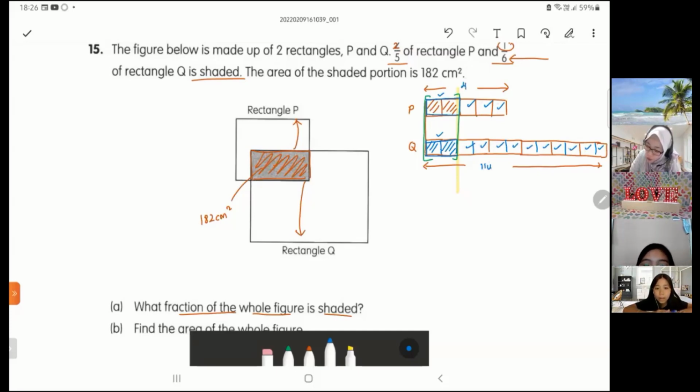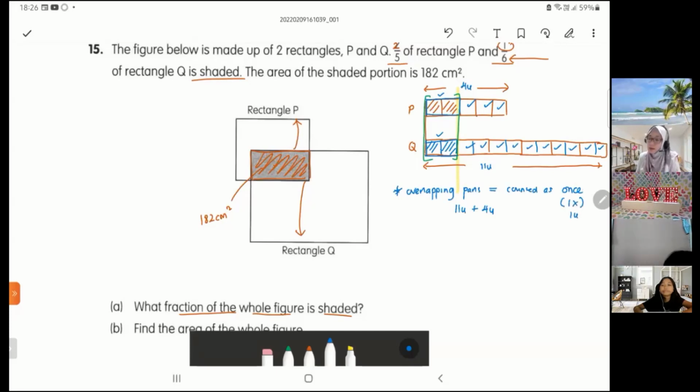This is 4. Total parts will be 11 units plus 4 units. Remember, overlapping parts are counted as once, or 1 unit. Understand? So it equals 15 units. This is my total units.